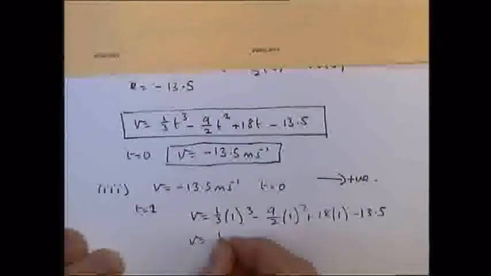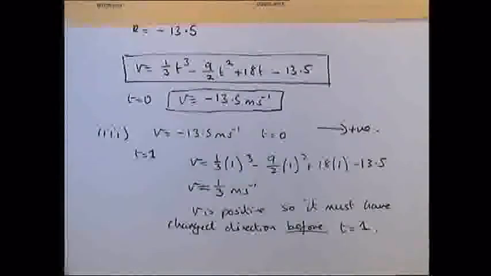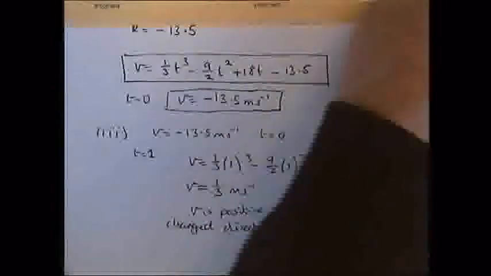Now I get v equals 1/3, which, more importantly, is positive, so it must have changed direction before t equals 1. I've just written that at the end. Okay, so that's the end of question 4.